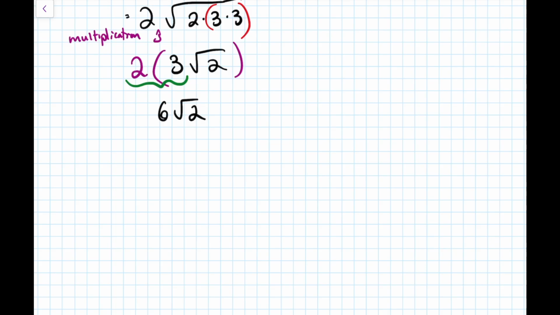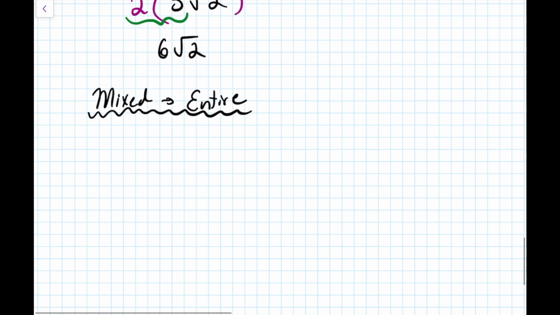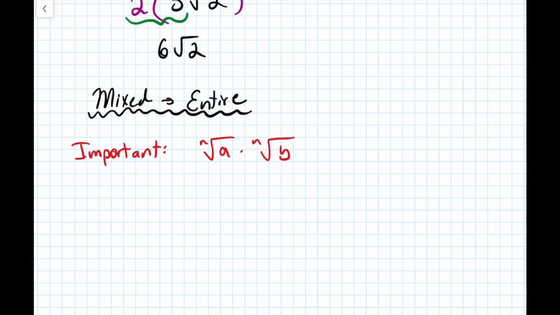So now we want to go the other direction and do mixed radicals to entire radicals. Thankfully, this is a much quicker and less complicated process, though we don't have quite as much background information about it. So an important thing to know before we do this, kind of the reverse of something I talked about earlier, is that if you multiply 2 roots with the same index, so 2 square roots or 2 cube roots or whatever, that's the same thing as having 1 root that multiplies the 2 radicands together.